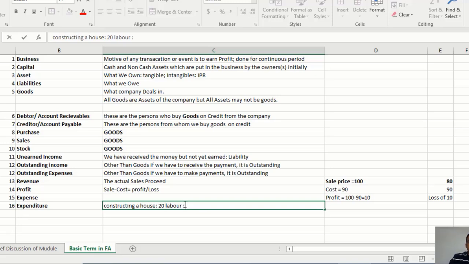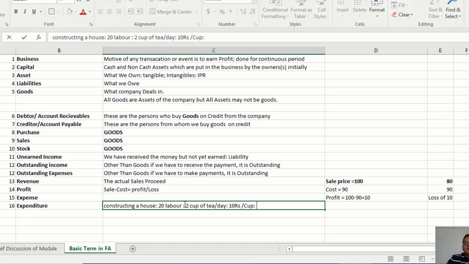What do they need? They need at least 2 cups of tea per day, and let's say 1 cup of tea is nowadays 10 rupees.